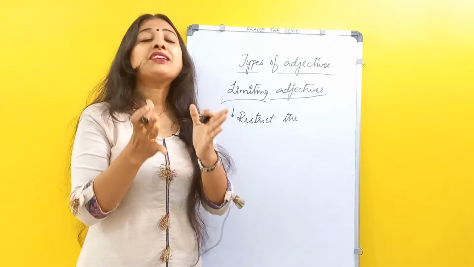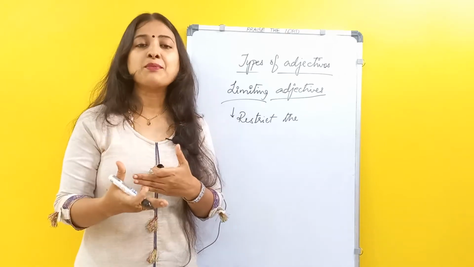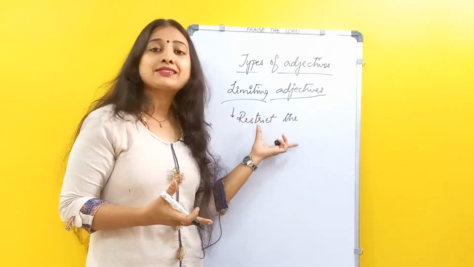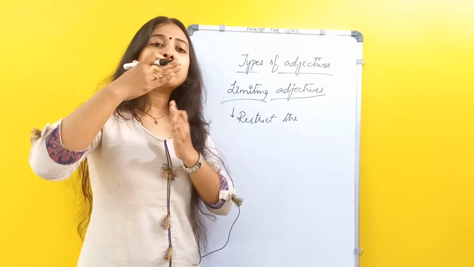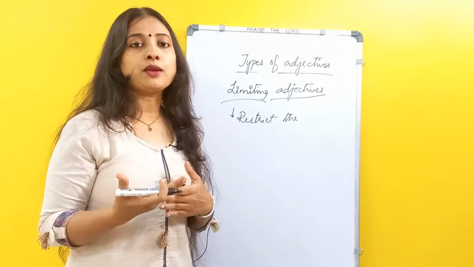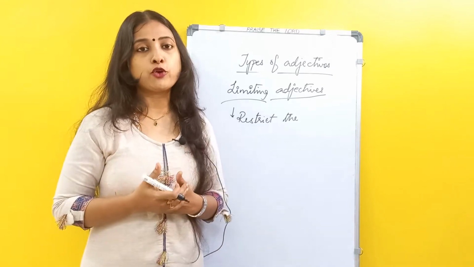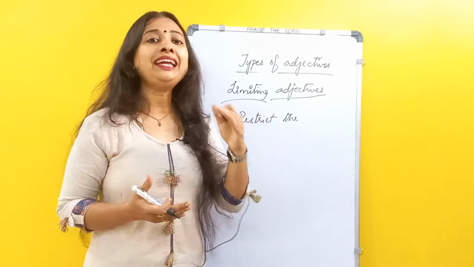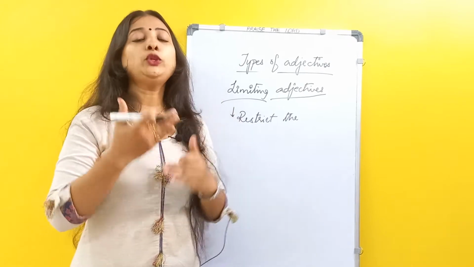They won't be describing the qualities, but they'll be restricting the noun or the pronoun. Actually, we are supposed to describe the noun or a pronoun, that is the modification of noun or pronoun. But here they will be limiting it, limiting the use.